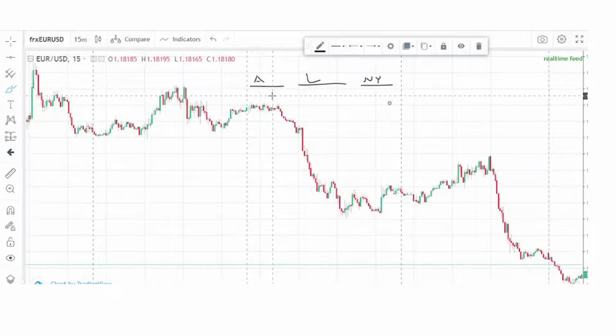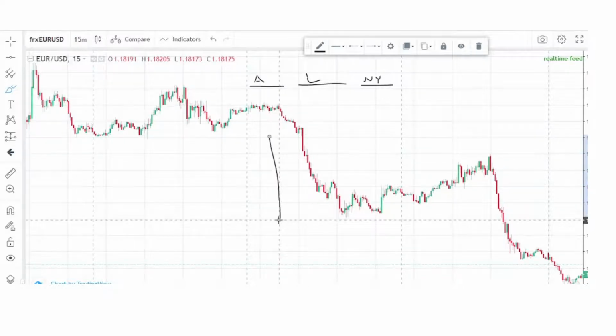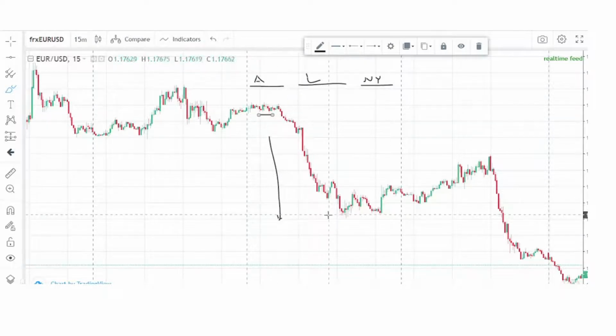Okay, so for a territory, we have a seller's territory right here. This is a seller's territory from this range to this range here.